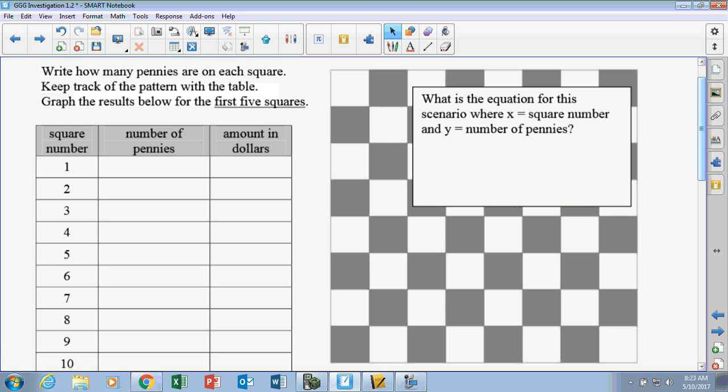So it says, one day in the ancient kingdom of Monarch, a peasant saved the life of the king's daughter. The king was so grateful that he told the peasant she could have any reward she desired. The peasant, the king's chess champion, made an unusual request. So here's what she says. I would like you to place 1 ruble, and for our sake we'll just say pennies because that makes more sense to you, on the first square of my chessboard.